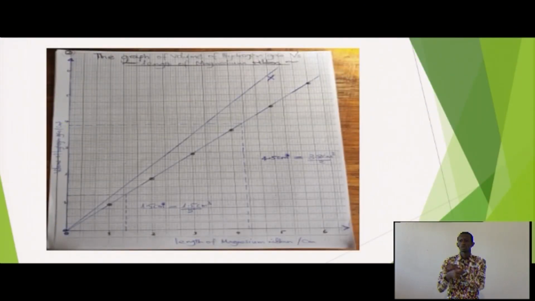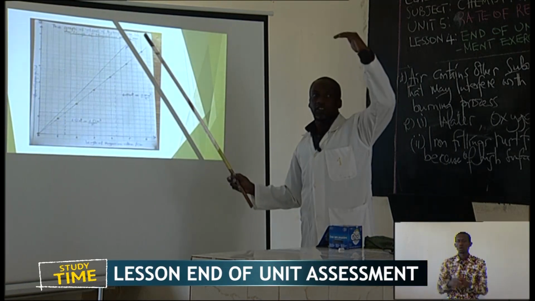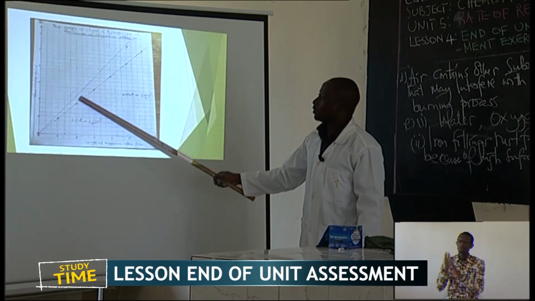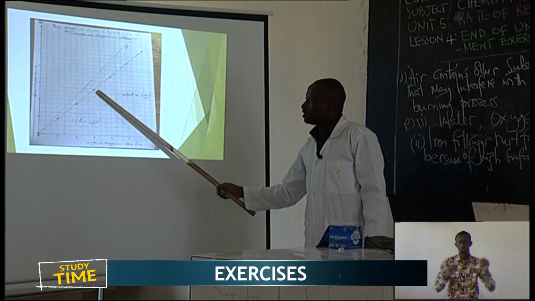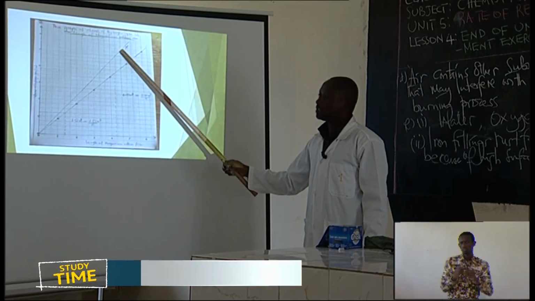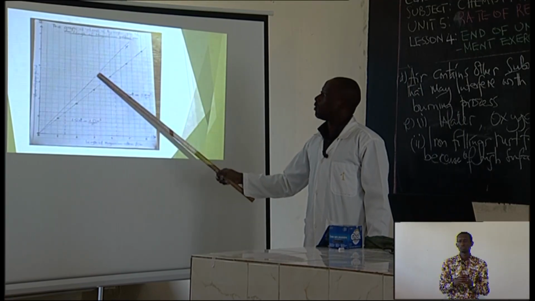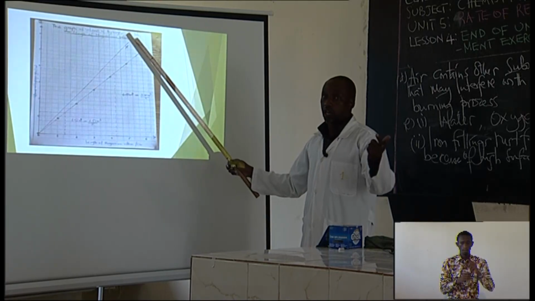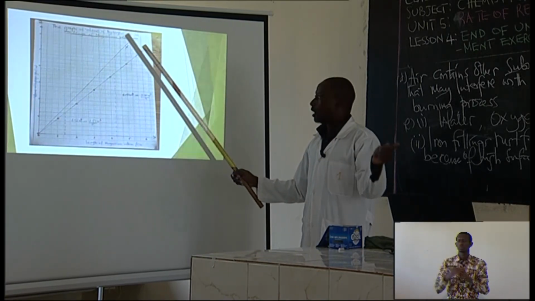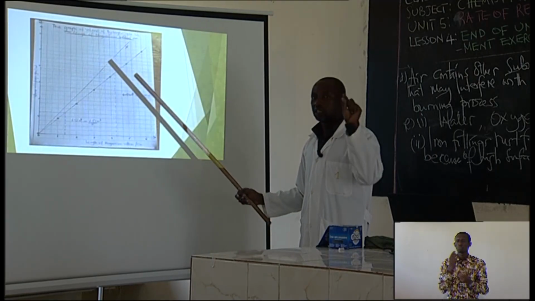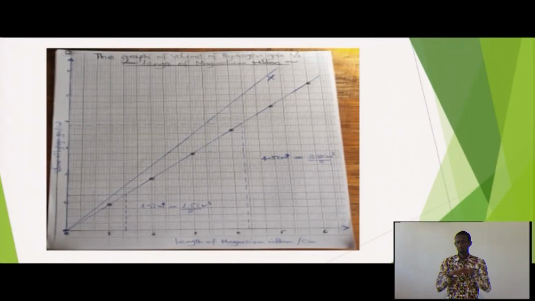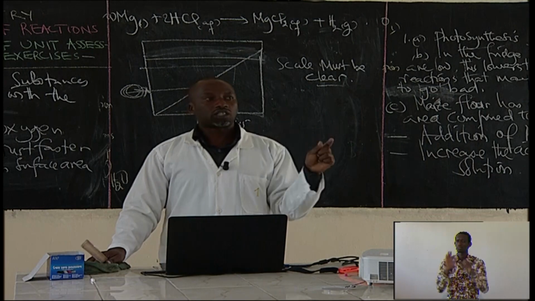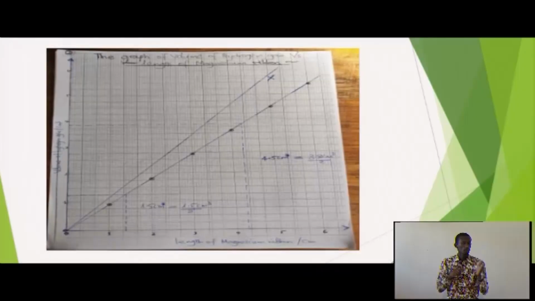That means the reaction must take place faster, and therefore the graph is slightly above this one here. So this was the original, for magnesium ribbon, but this is for magnesium powder. You have to consider the two. That means the surface area of these substances must also be considered. It is very important to consider even when you are drawing the graphs.